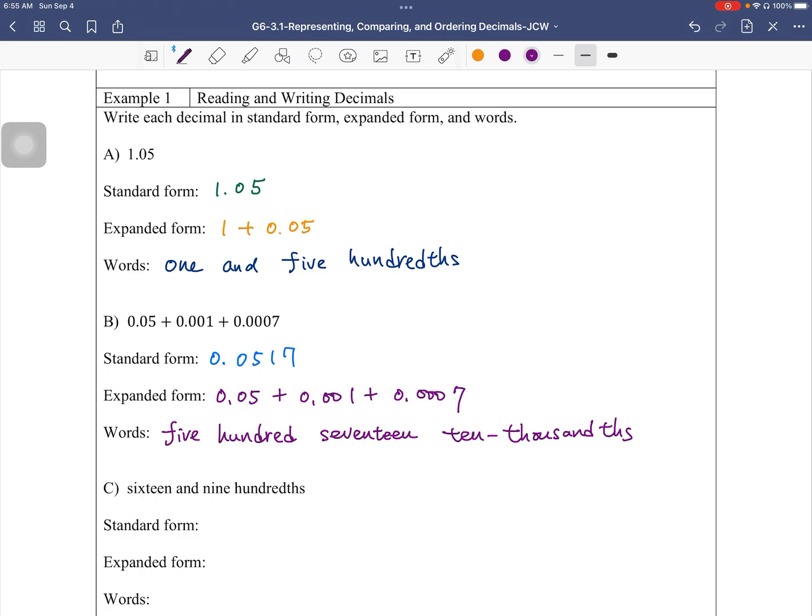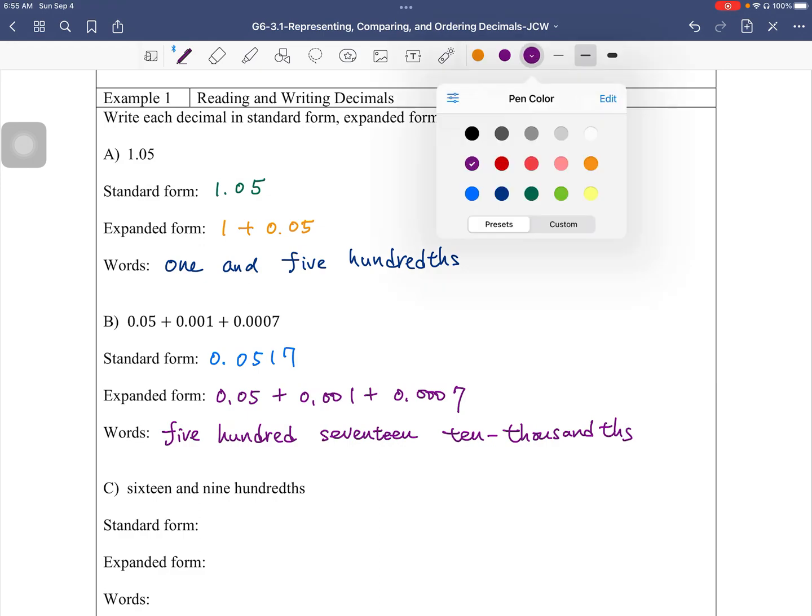So in word form, we read it as 517 ten-thousandths.